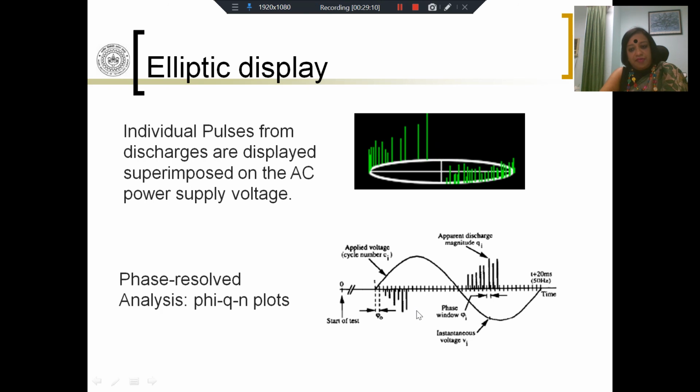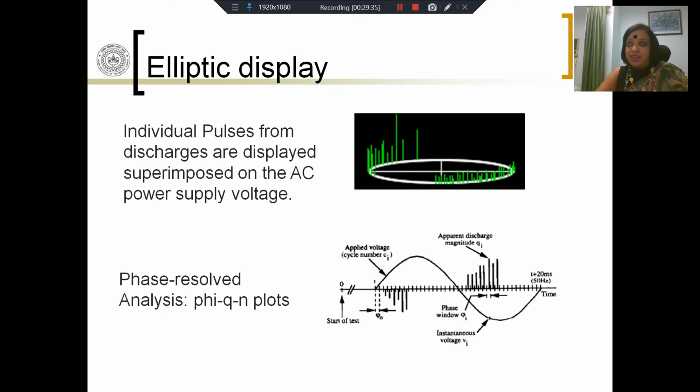So basically, when you have a phi-QN plot like this, the information that is immediately available to you is that at a phase of phi i, you have Ni number of discharges of magnitude Qi. And phi-QN plots are built up over a large number of cycles.